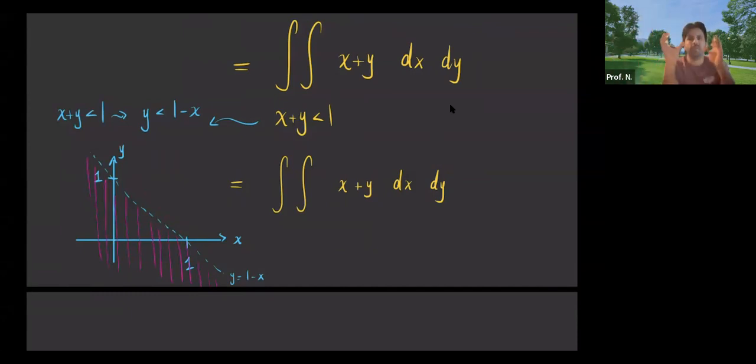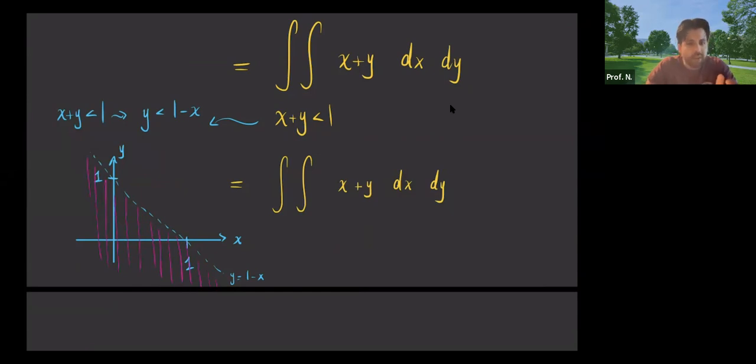Whenever we take a little segment of that interval x, it's just an interval. Now we have a region because we have an additional dimension that we're integrating over. The region we're integrating over is a triangular region, so that makes it a little bit more interesting, right?